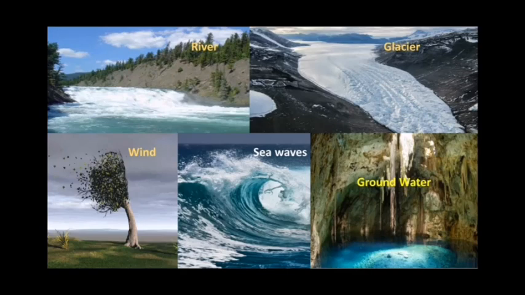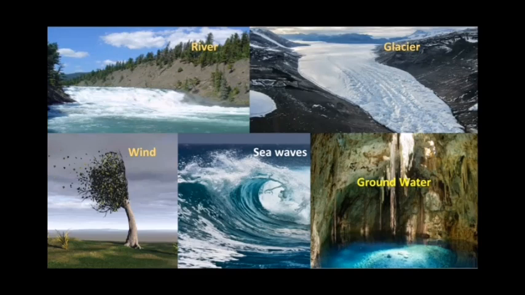Today, we are going to learn a new lesson in geography, that is, Exogenetic Process Part 2. So, children, in the last lesson, we have seen how the external movements, like weathering, result in the breaking up of a rock and erosion. Erosion doesn't take place by itself.